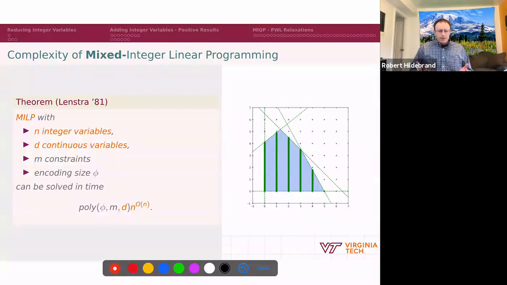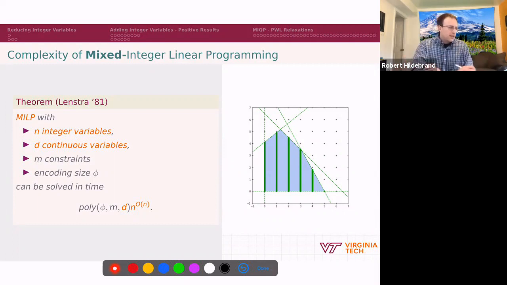Okay, and why would I do this? Well, if we look at the complexity of solving integer programs, Lenstra told us this in the 80s, and there's been a sequence of results since then, improving Lenstra type algorithms.